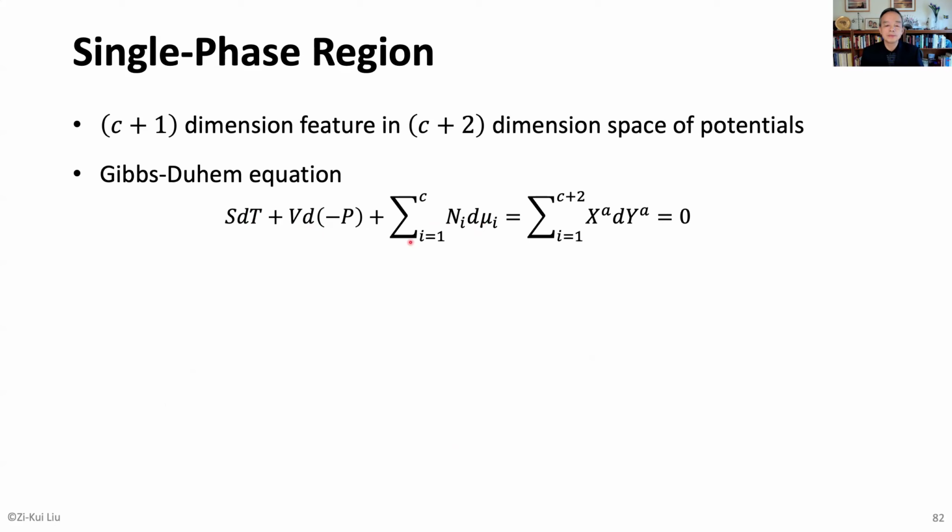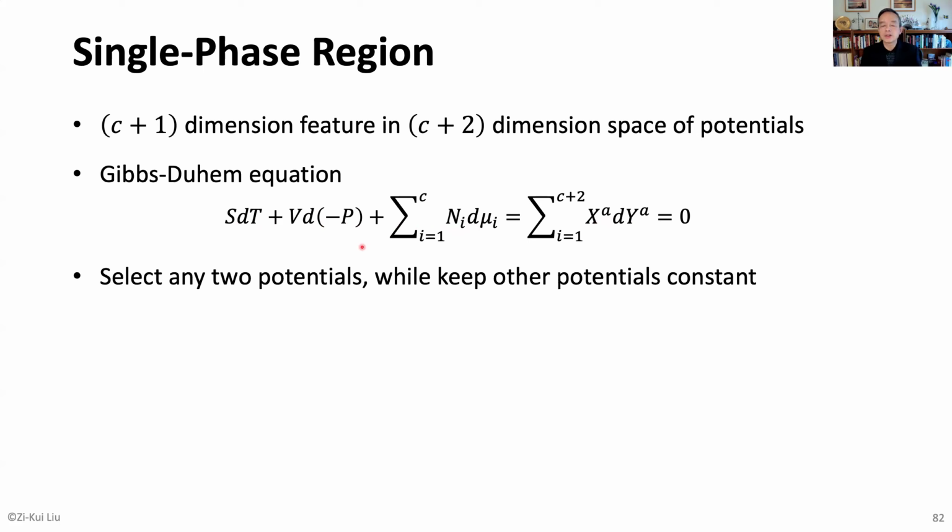The summation of them equals 0, whereas in this compact form, xa are molar quantities and ya are potentials. The molar quantities in this equation represent entropy, volume, and moles, whereas the potentials include temperature, minus pressure, and the chemical potential of each component.